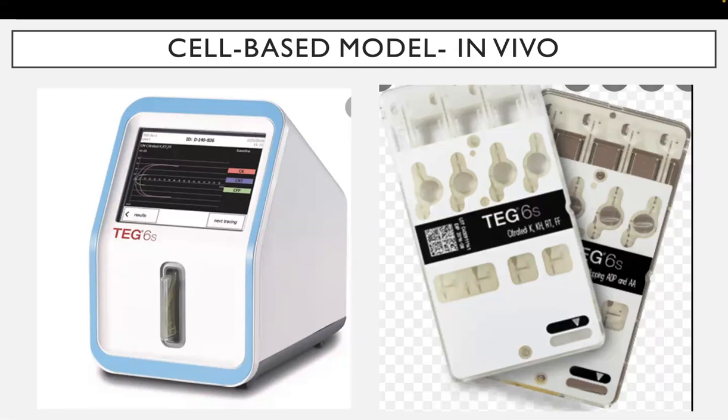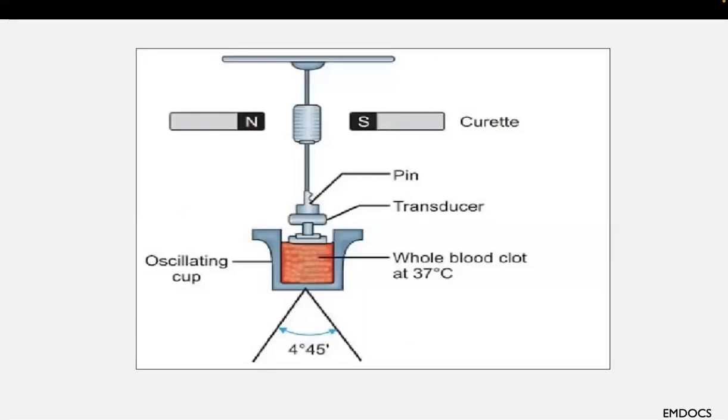And how it works is this diagram. We have this cup that oscillates with blood inside, and this pin that is attached to a taut wire and a transducer with a heating element. So you basically pour citrated blood into the TEG cartridge.